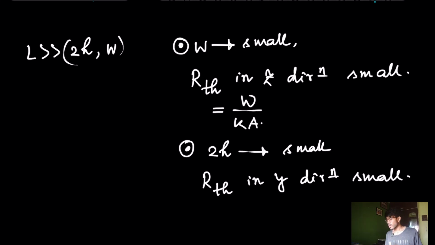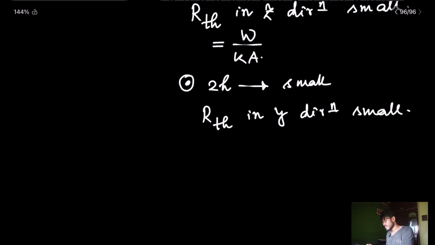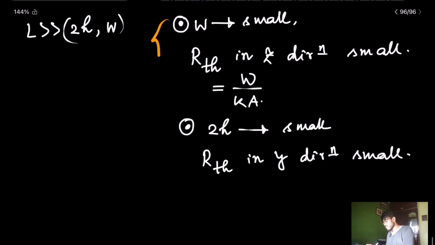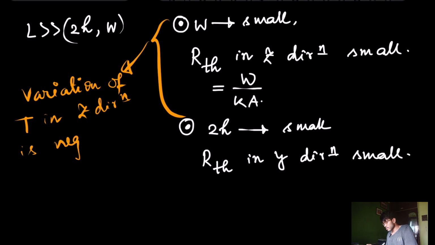Clear? So here the thermal resistances in Z and Y directions are small. That means I can say from this one that the variation of temperature, I am writing T, in Z direction is negligible or small.